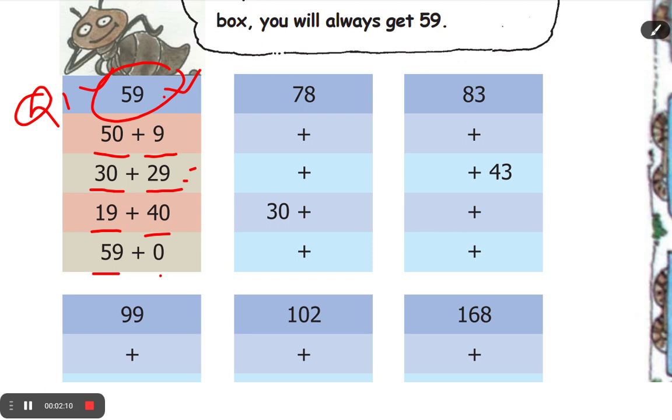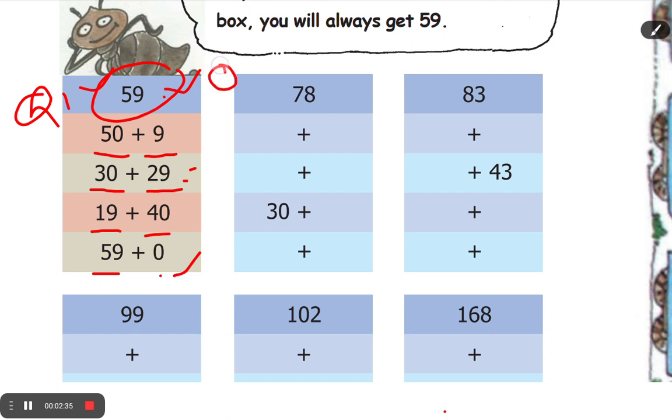Then you can write 59 plus 0 is 59. Then you think of a number which is less than 59. Suppose 30. So 30 plus 29 is 59, and 19 plus 40 is 59. Similarly, 59 plus 0 is 59.